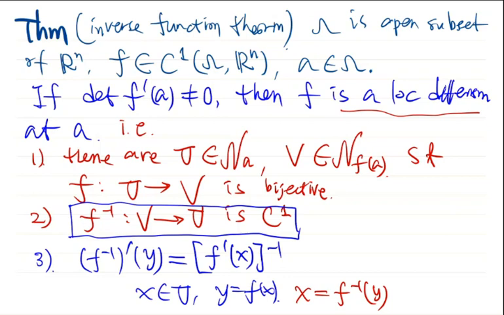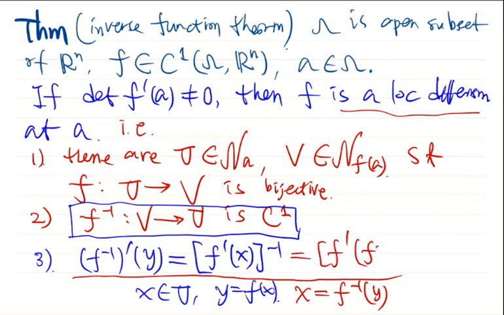Therefore, this formula can be written in this way, because x is precisely the inverse of F applied to y. So this is the content, the condition and the conclusion of the inverse function theorem. Okay, we will prove this theorem using the open mapping lemmas we just established in the next lecture.